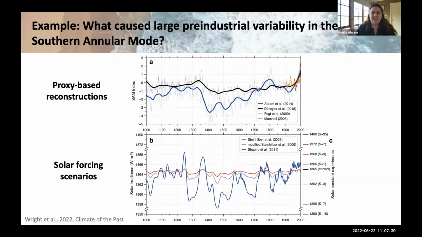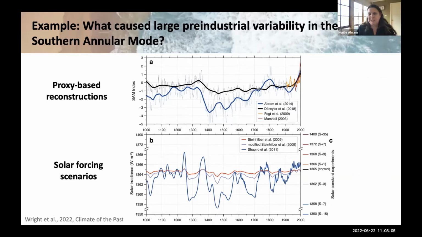So just one example from the last millennium. This is some work that's just been accepted, led by Nikki Wright. This was looking at the southern annular mode, which when we reconstruct it using paleoclimate records, we get large pre-industrial variability. We typically don't see much pre-industrial variability in last millennium climate simulations.